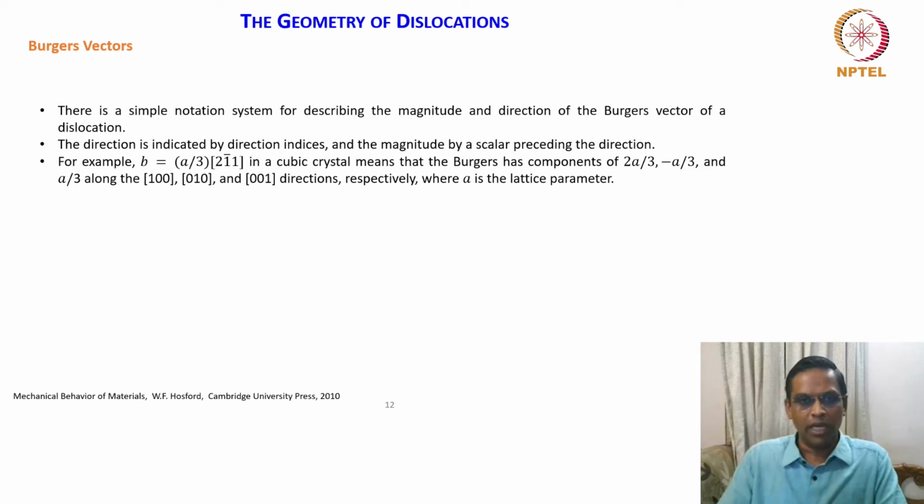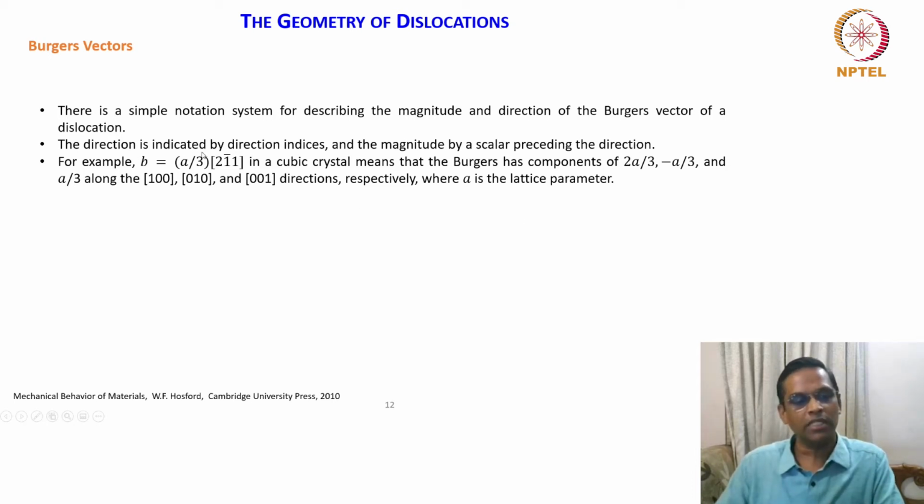A, the lattice parameter, and you know how to mark a direction in a crystal. Planes and Miller indices we would have seen, right? So it is the same thing. The direction and the magnitude are given.